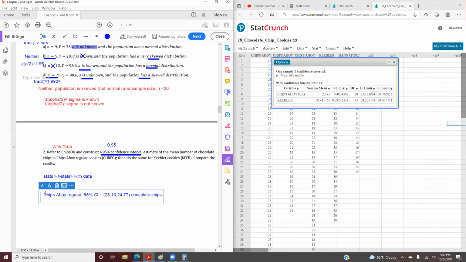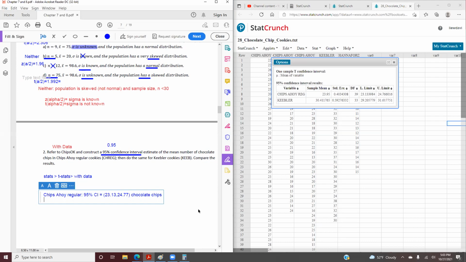So that means that if you go buy a Chips Ahoy regular cookie right now, and you crumble that cookie and find out how many chocolate chips, it's going to be around 23, 24, or 25 chocolate chips in there. Okay, that's what it means. This is for the population, meaning everyone. So if you go out and do it now, this is how many chocolate chips you find.